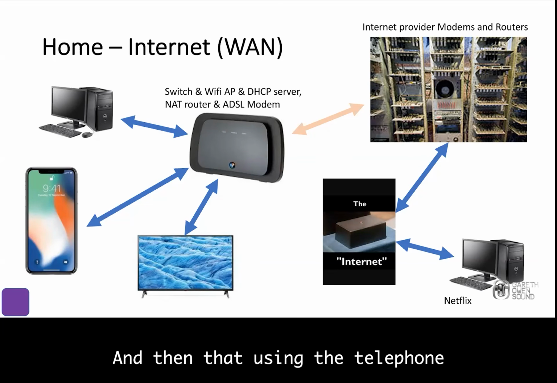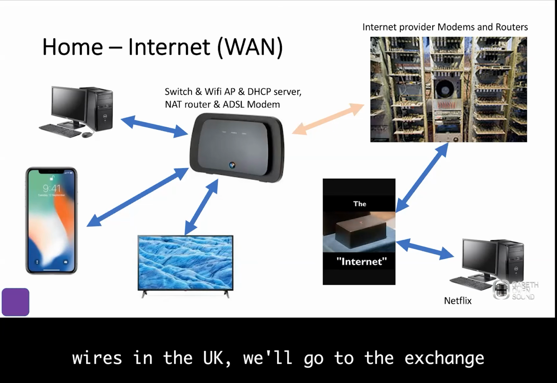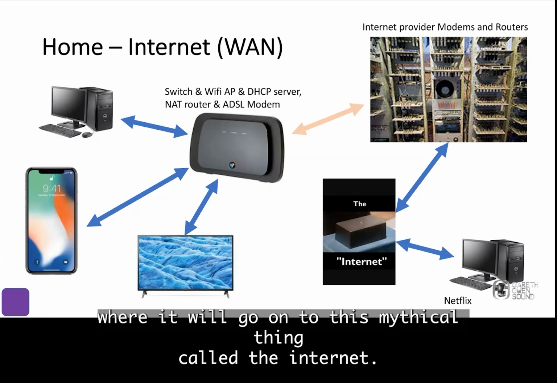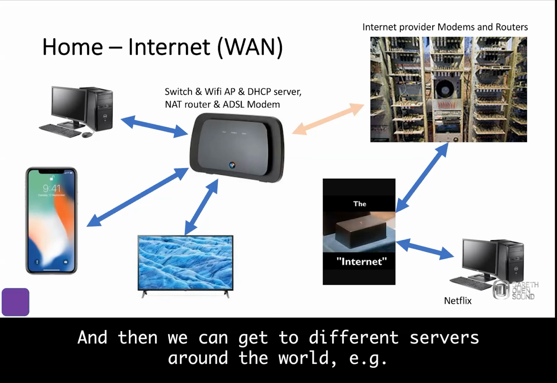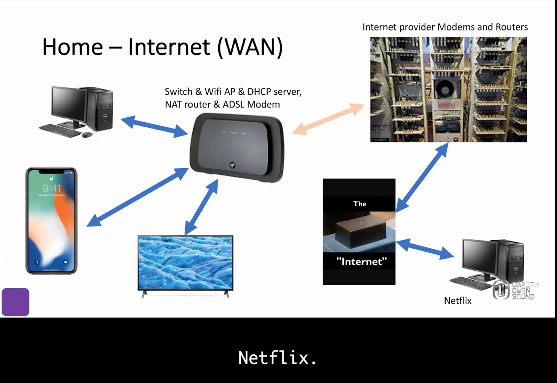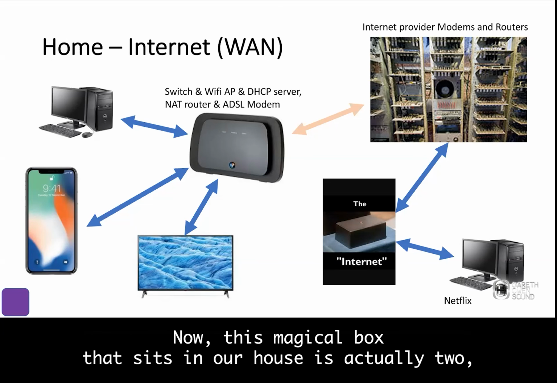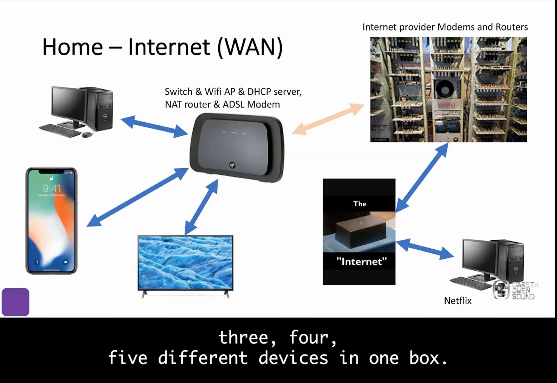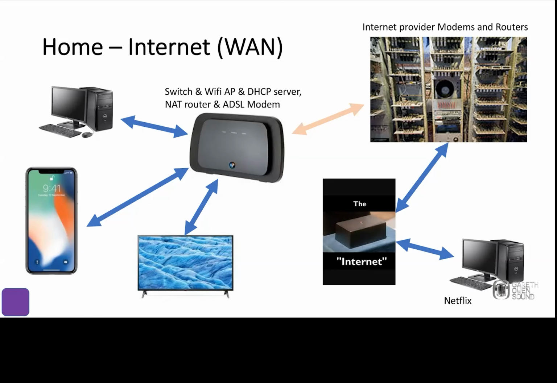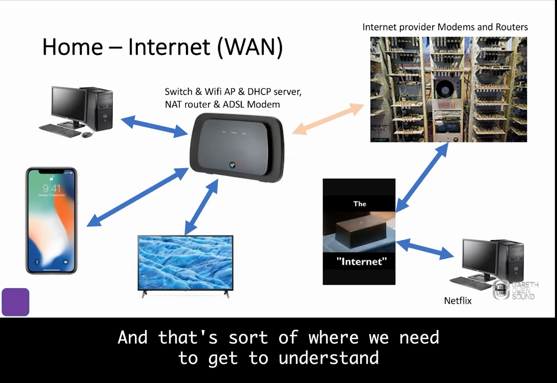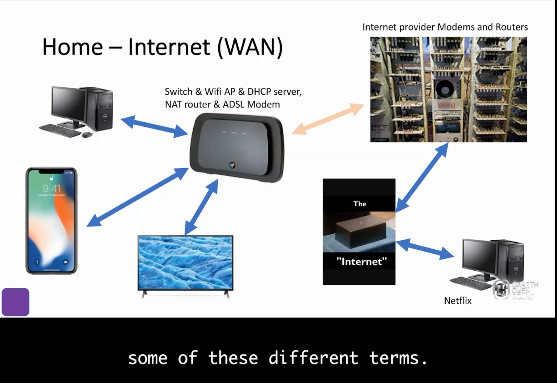And then that, using the telephone wires in the UK, will go to the exchange, where it will go onto this mythical thing called the internet, and then we can get to different servers around the world, e.g. Netflix. Now, this magical box that sits in our house is actually 2, 3, 4, 5 different devices in one box. And that's sort of where we need to get to understand some of these different terms.